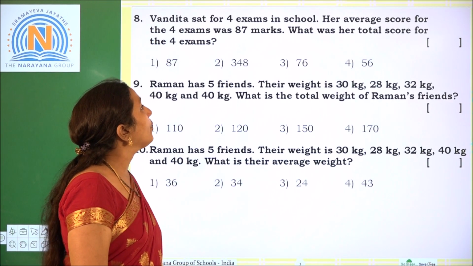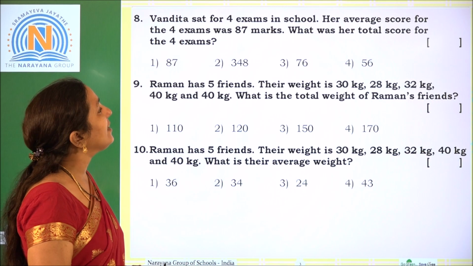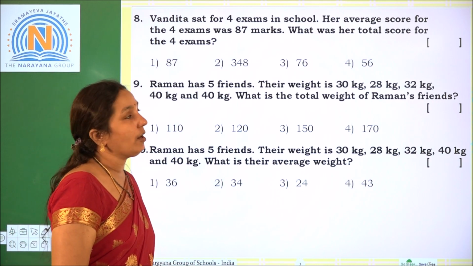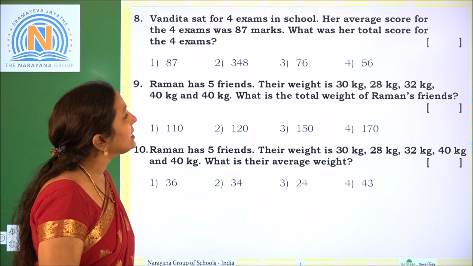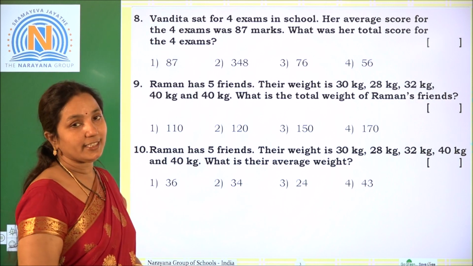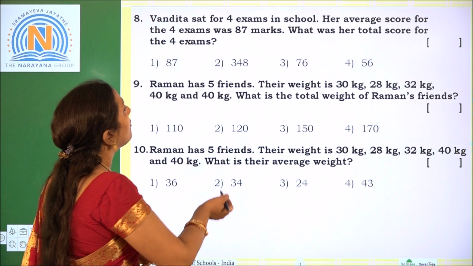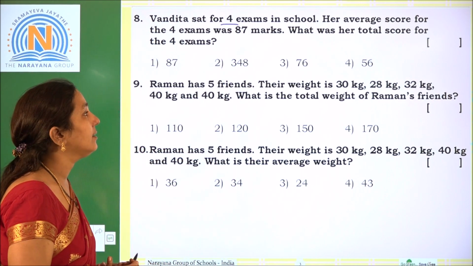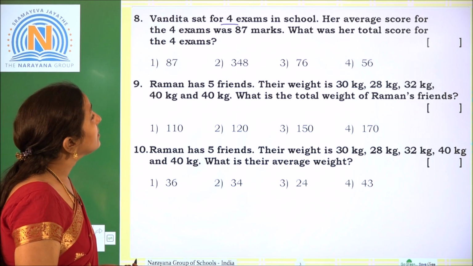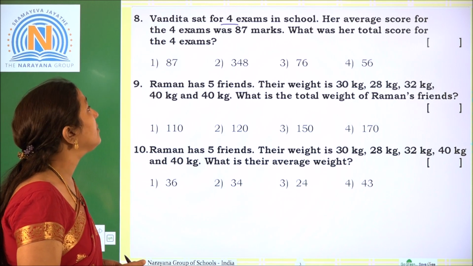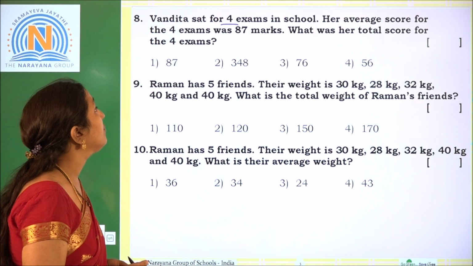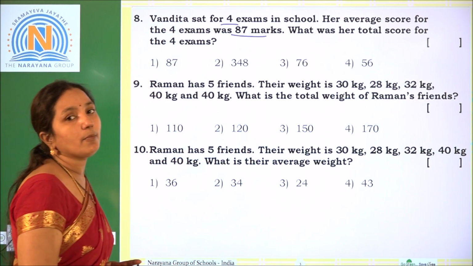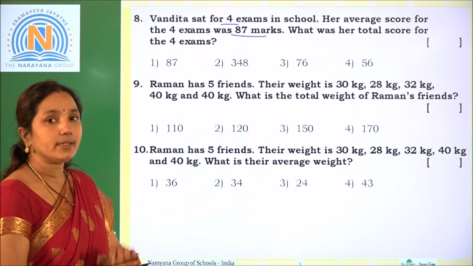Vandita sat for 4 exams in school. Her average score for the 4 exams was 87 marks. What was her total score for the 4 exams? We know the total number of exams she sat, and the average score for 4 exams is 87 marks. So what is the total marks? Very easy to find.